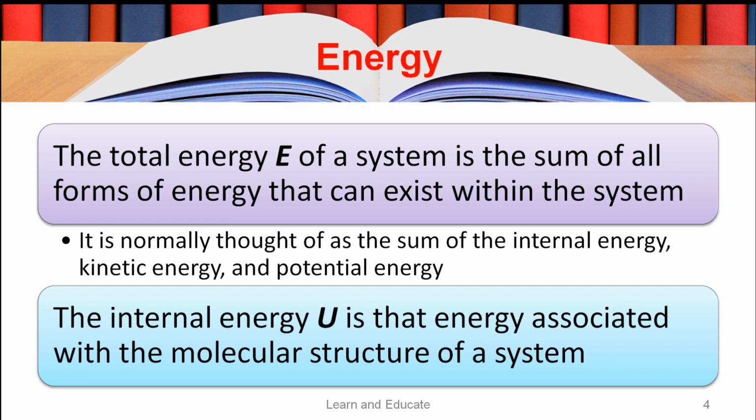All forms of energy will exist at the molecular level. So the sum of all these forms of energy at the molecular level is termed as internal energy, and it is denoted by U, not E. E is the total energy of the system. U is the total internal energy of the system.